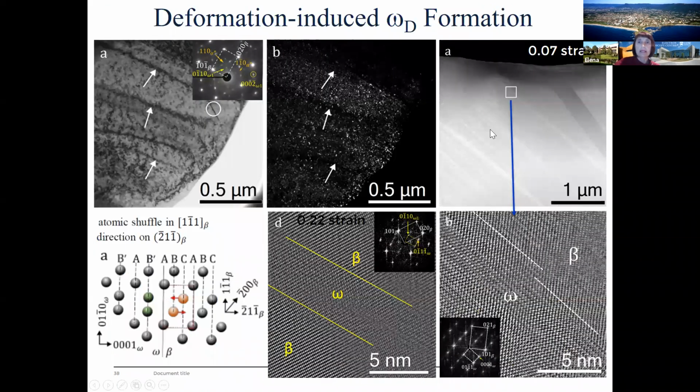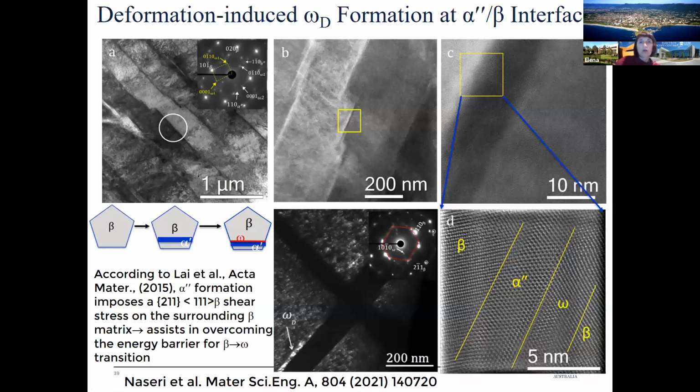Only in some areas could we find such packets, but it's usually not the dominant deformation product that we observe in the microstructure.